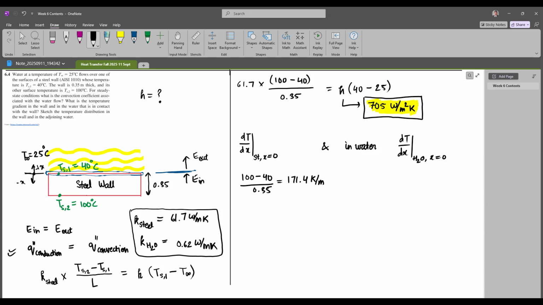Now in the water, what is dT over dx? What would it be? Do you remember the formula for the heat transfer coefficient? You can use minus H over K times Ts1 minus T infinity here. And what K are we going to bring in here?